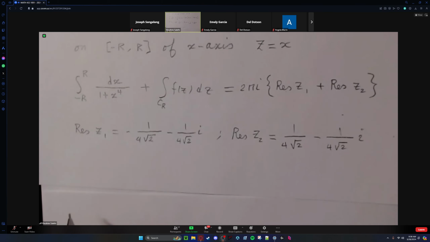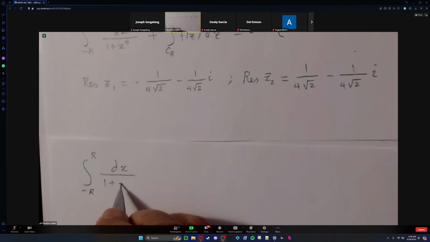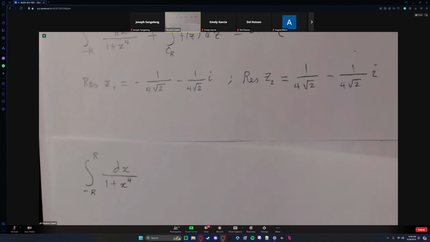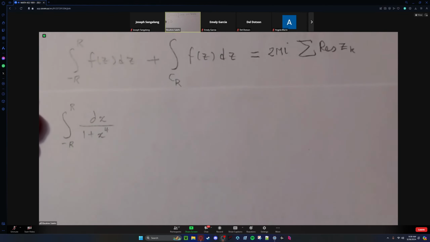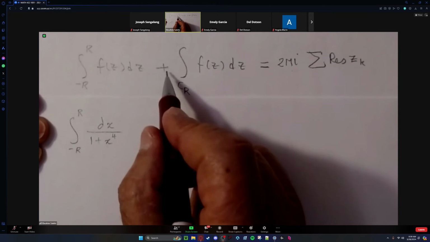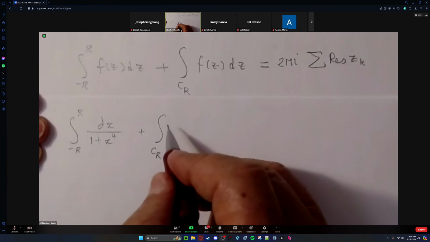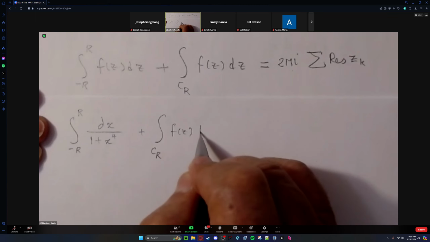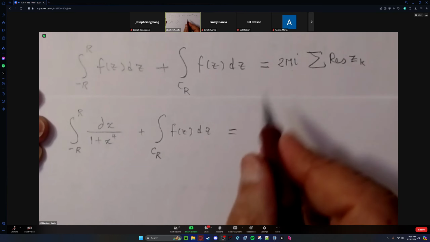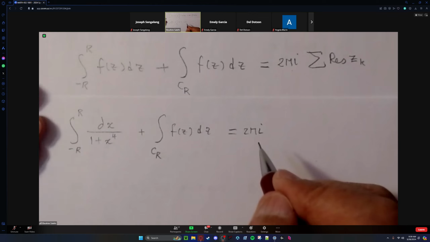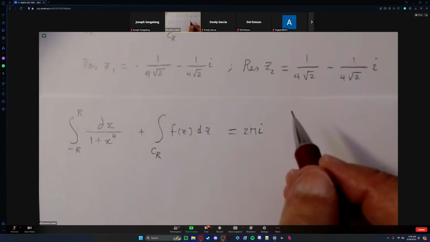The integral from negative R to R dx over 1 plus x to the 4, I'm just rewriting this equation, plus this one, f of z dz, is 2 pi I times the sum of those two residues, all right?